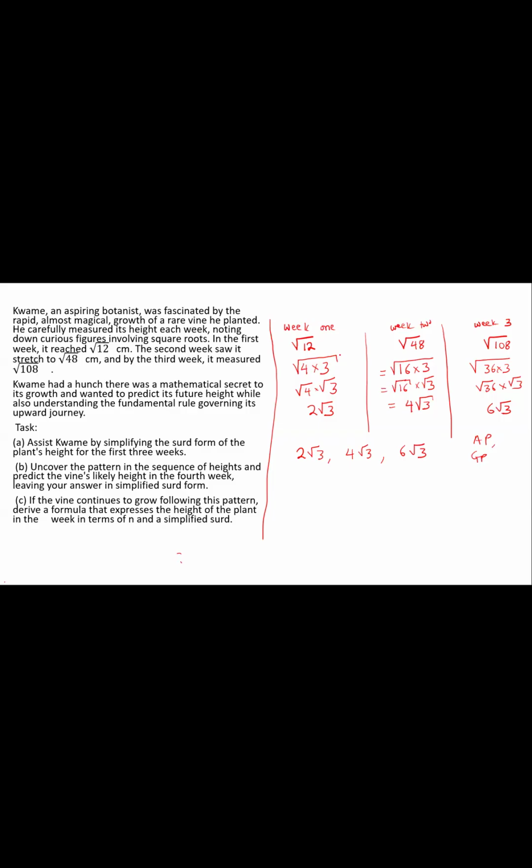The difference is the same between 2 consecutive roots. Now they have asked us to uncover the pattern in the sequence and predict the viny's likely height in the 4th week, leaving your answer in simplified surd form. So what do you think will be in the 4th week?